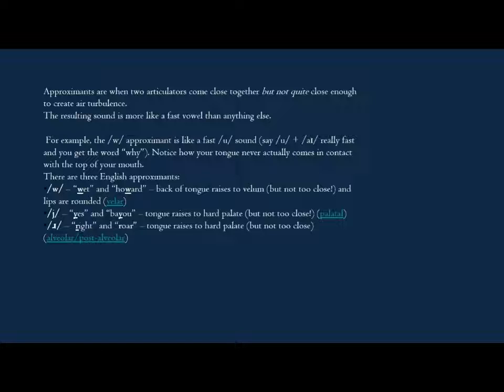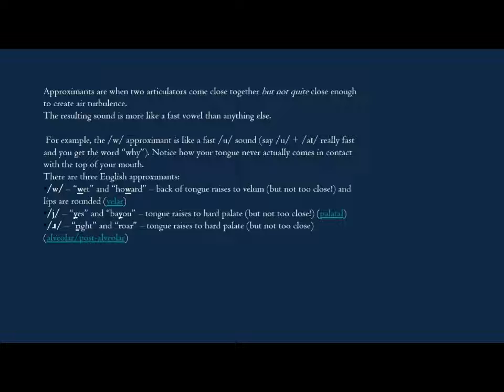There are three English approximants, and the first one is w, as in "wet" and "Howard." Back of tongue raises to velum, but not too close, and lips are rounded, velar. The second one is j, as in "yes" and "beyond."